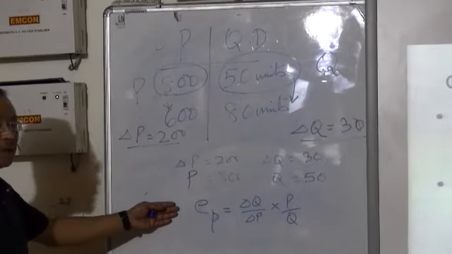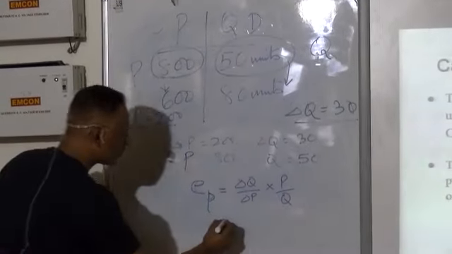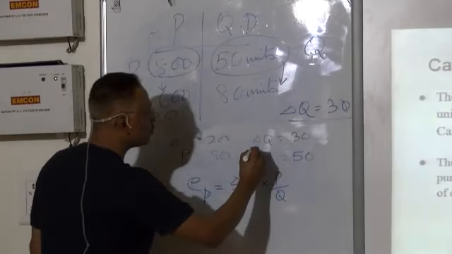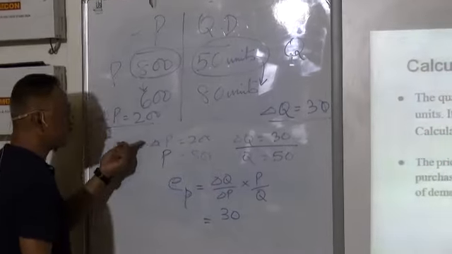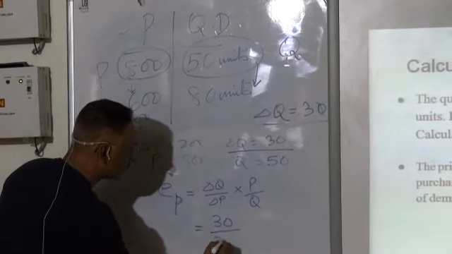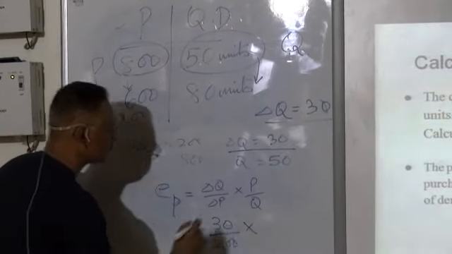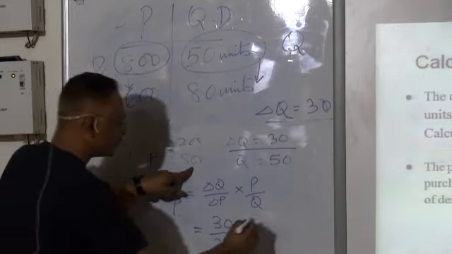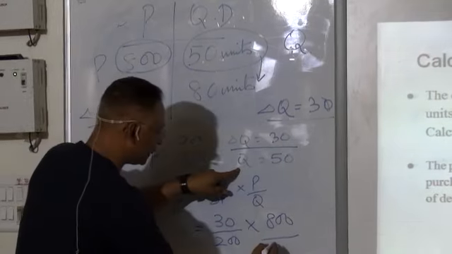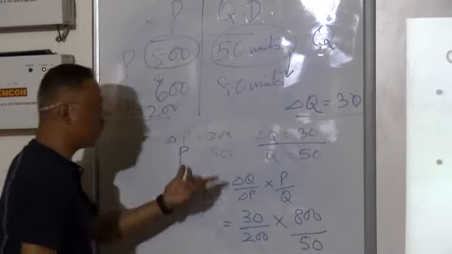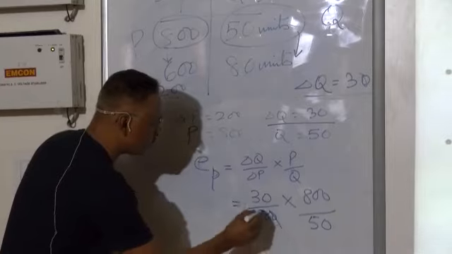So, this is the formula that we have to use. What is delta Q? 30. What is delta P? 200. What is P? 800. And what is Q? 50. After we put these values, then we calculate.